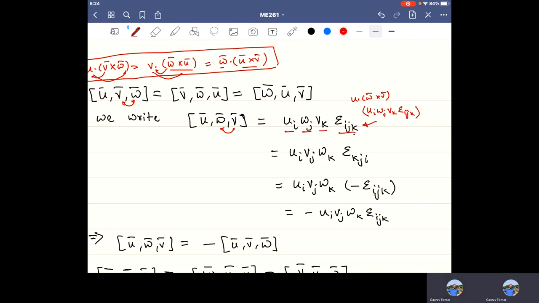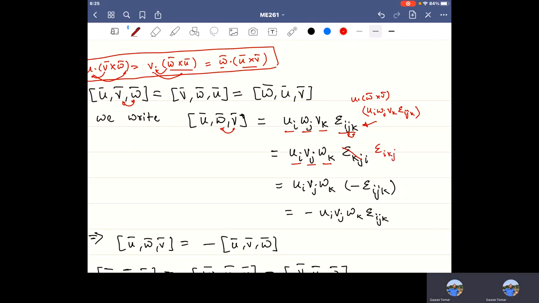Now we can again change j and k, because we want to get back to the expression that we had previously for this quantity. So we switch the indices, and we write this as u_i v_j w_k, with epsilon_ikj, because k and j have been swapped.